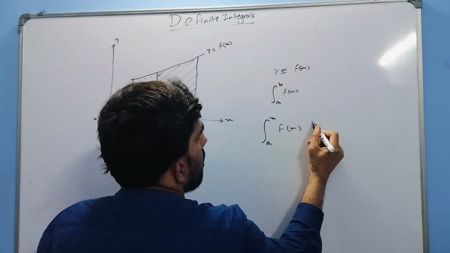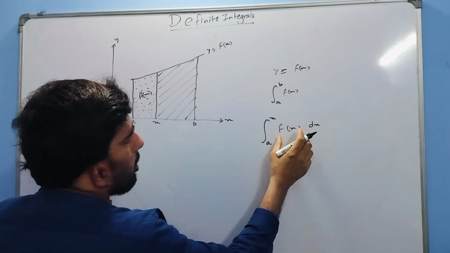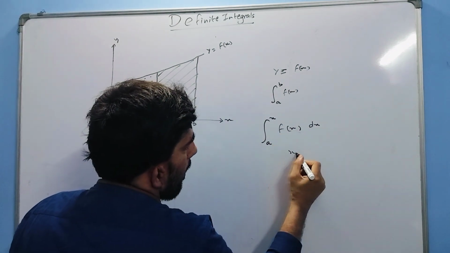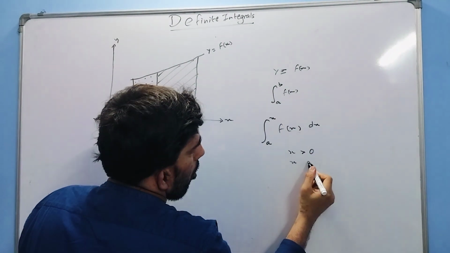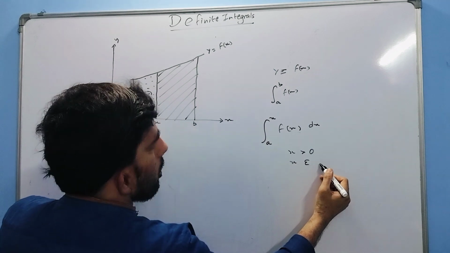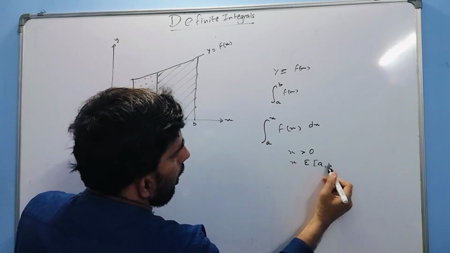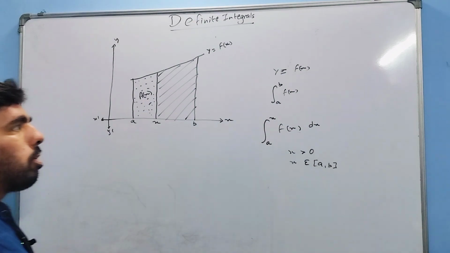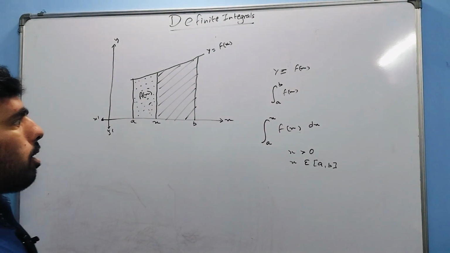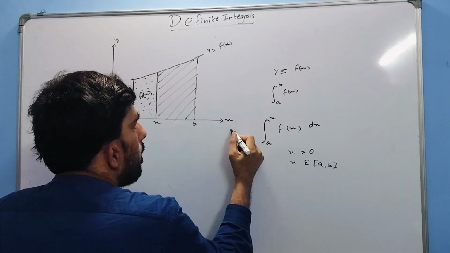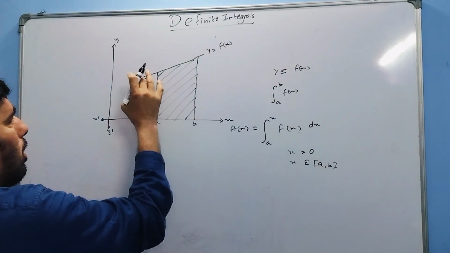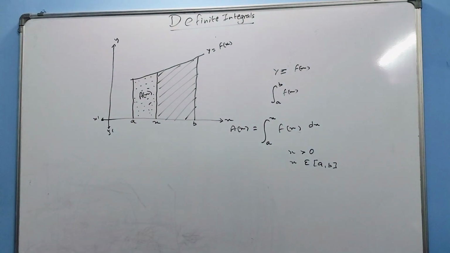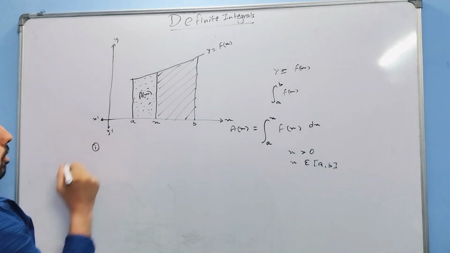We'll write this, where f(x) is greater than 0 and x belongs to the closed interval [a, b]. So this is the area. A is the area, we can say area function, because this area is represented by this portion. Now from this we have two theorems.